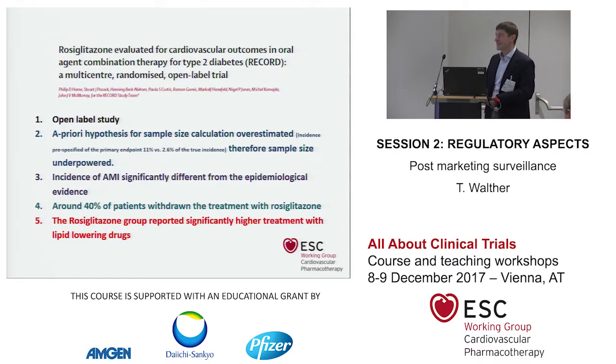And this is related to the open-label design. The Rosiglitazone group reported significantly higher treatment with lipid-lowering drugs. At this time, we had just the statins, and therefore they had a benefit from higher doses of this co-treatment in comparison to those not getting Rosiglitazone. So there were significant concerns, and the conclusion was that the RECORD study is nothing we can use to draw a conclusion on the safety of the compound.